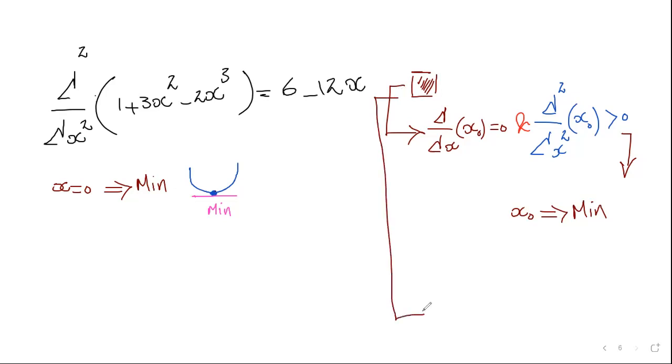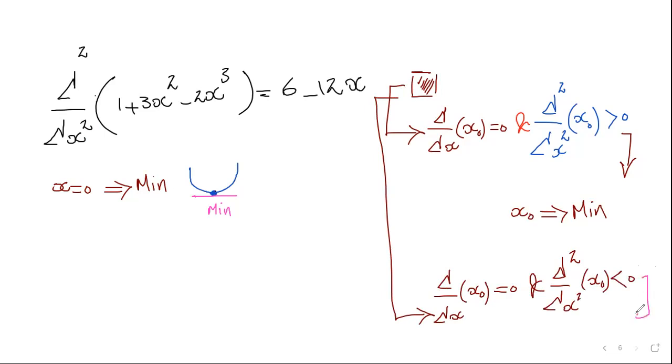However, the second point is that if, again, the first derivative at my critical point is 0 and the second derivative at that critical value gives you a negative number, it means that x0 is a maximum.